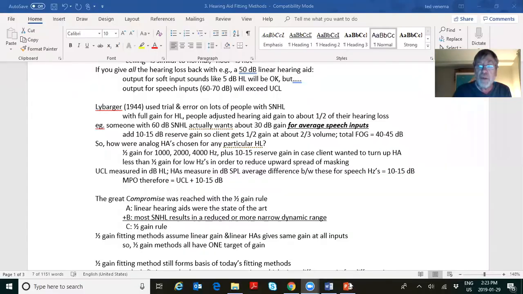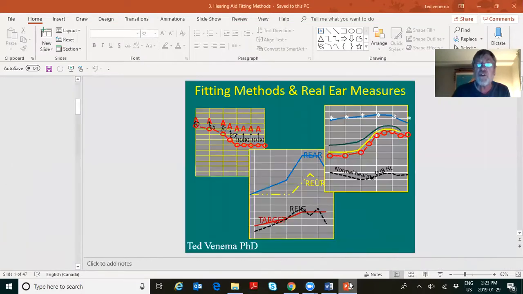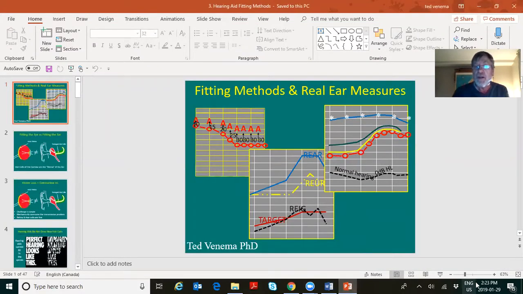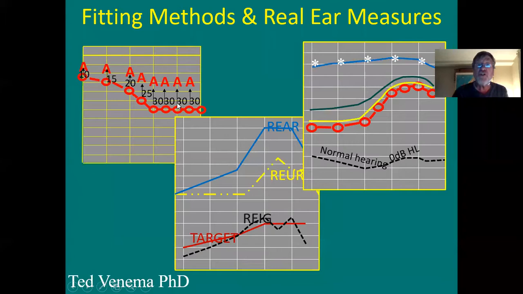And I'll go to my PowerPoint and go to the very first slide. Here you go. On the left was functional gain. That's how they verified a fitting. In the middle is old real ear, target gain, real ear insertion gain. Did you get what you wanted?